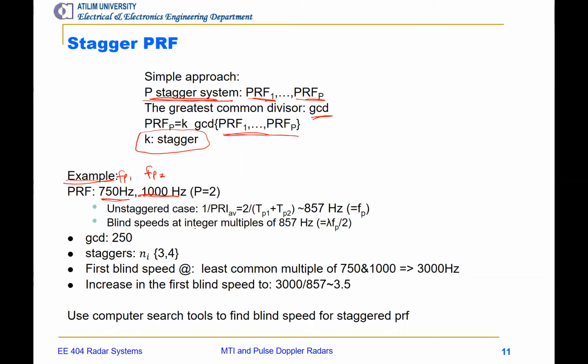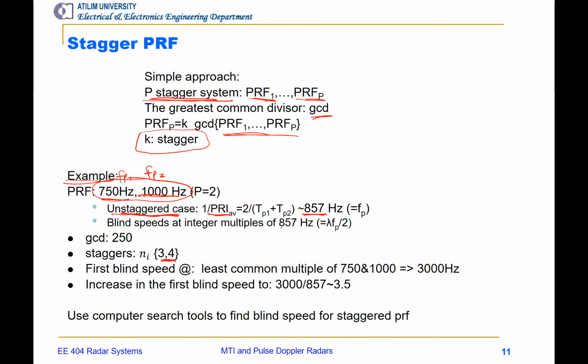Okay, so then we talk about a 3-4 stagger system. And let's see how much we change the first blind speed when we use this system. Before that, of course, let's determine the first blind speed by taking the average of these two. If we have no stagger, so the unstaggered case, we can determine the average PRF, which is calculated from the two PRF values, and it's 857 hertz.